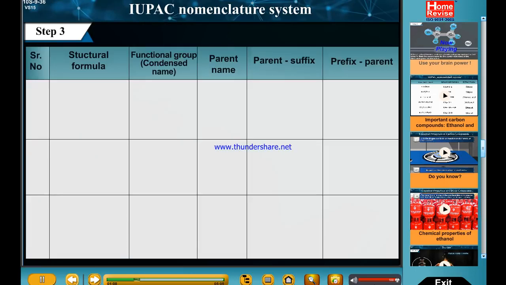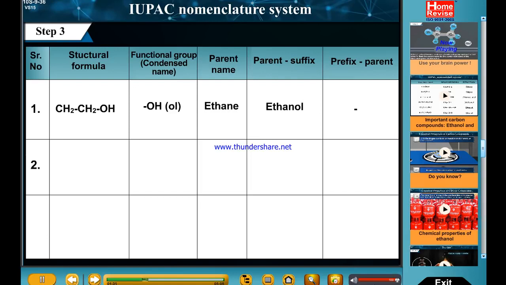See this table. 1. Structural formula CH3CH2OH. Here the functional group is OH, that is ol. Its parent name is ethane, and the parent suffix will be ethanol. 2. The structural formula is CH3CH2Cl. Here the functional group is Cl, that is chloro.